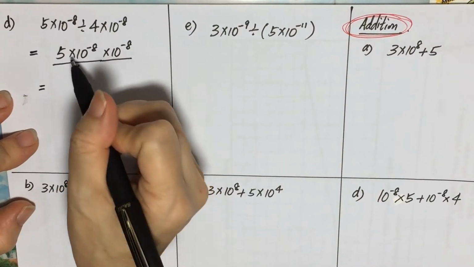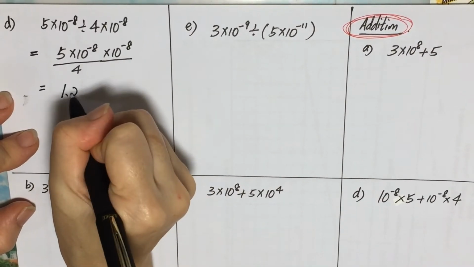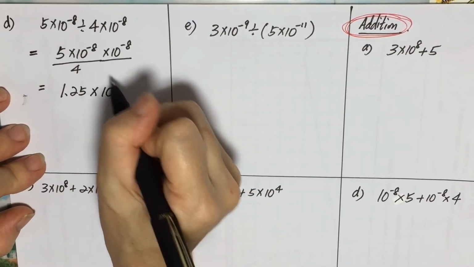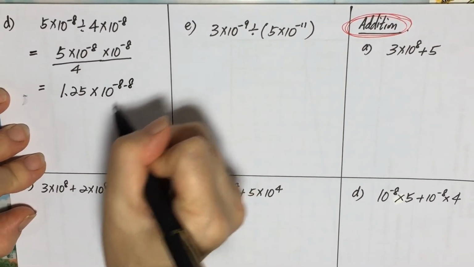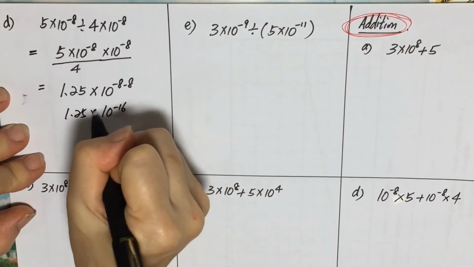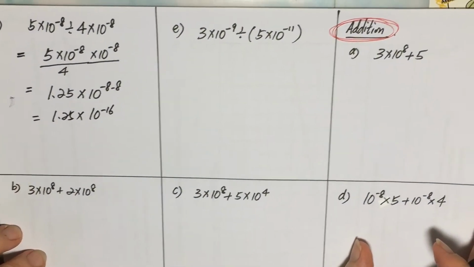So therefore, 5 divided by 4 will be 1.25. So 1.25 times 10 to the power of negative 8 minus 8, which is 10 to the power of negative 16. So my answer is 1.25 times 10 to the power of negative 16.